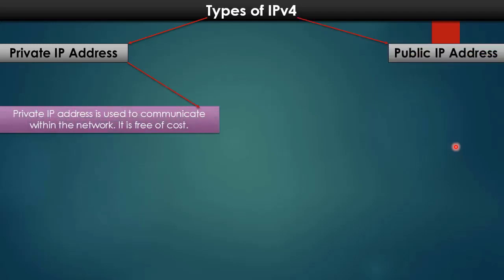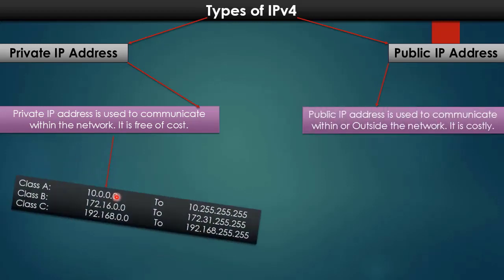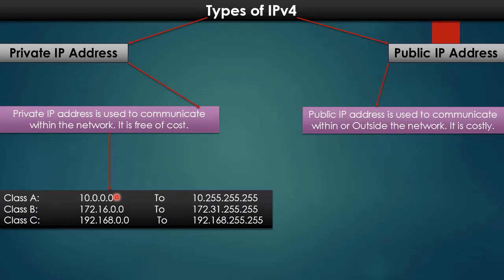The second type of IPv4 is public IP address. Public IP address is not available free of cost, it is costly, and it can be used within the network or outside the network.